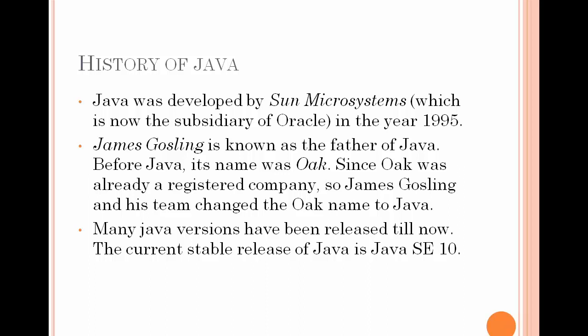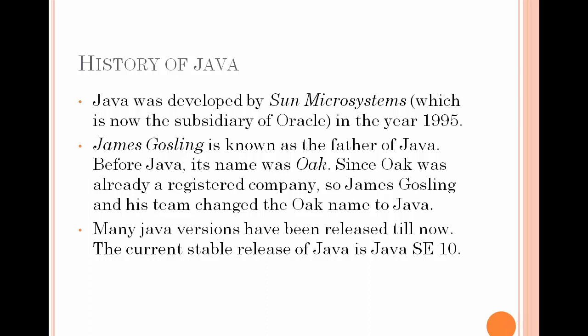The team which developed Java was James Gosling, Mike Sheridan, and Patrick Naughton. They initiated the Java language project in June 1991. This small team of Sun Microsystems was called the Green Team.